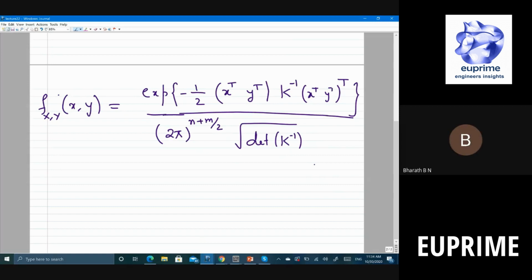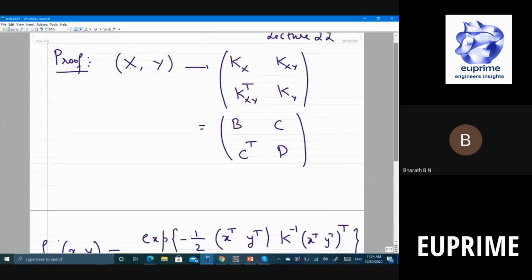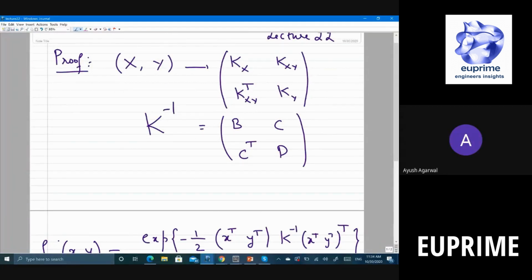Okay, so now I have to write the inverse of K. So what do you think is K inverse? Sorry, I made a mistake here. It should be determinant of K, not K inverse.